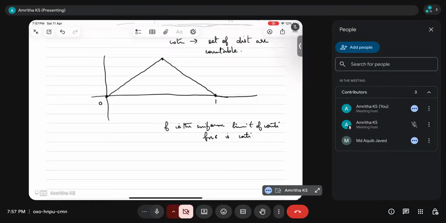Uniform limit of continuous functions. What is the confusion?